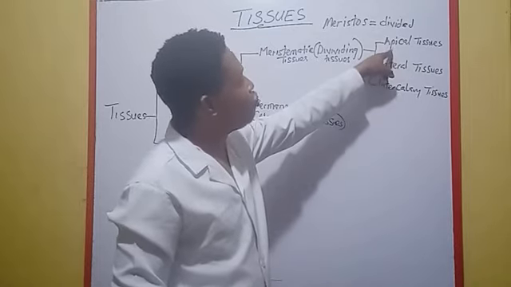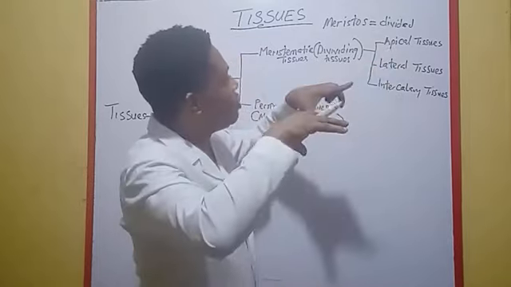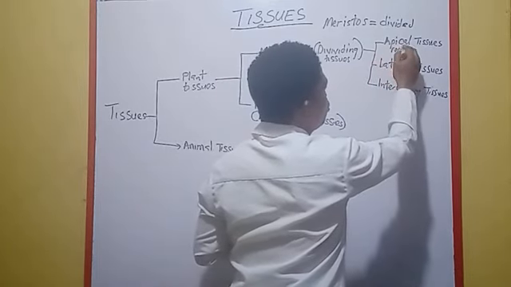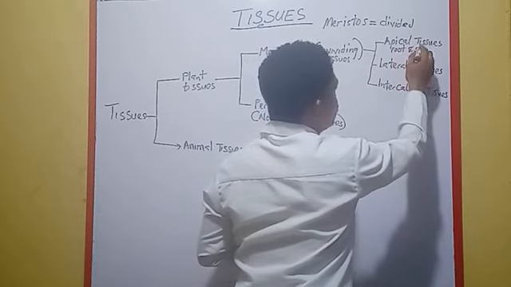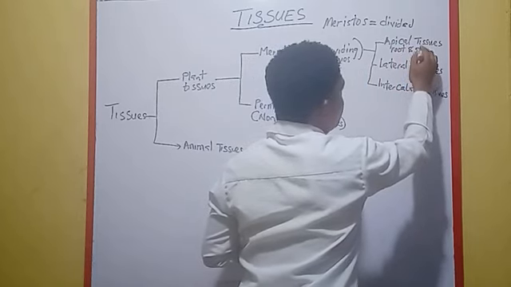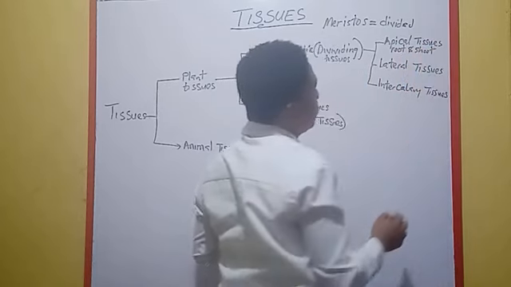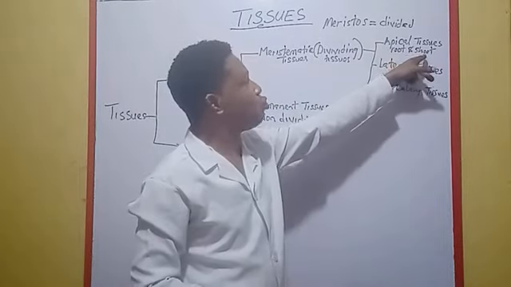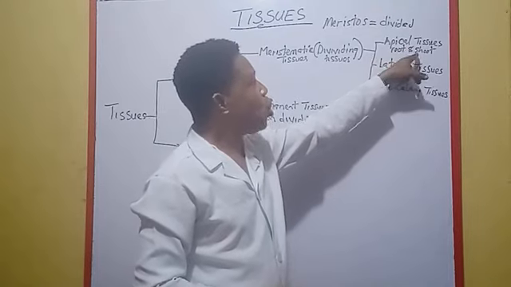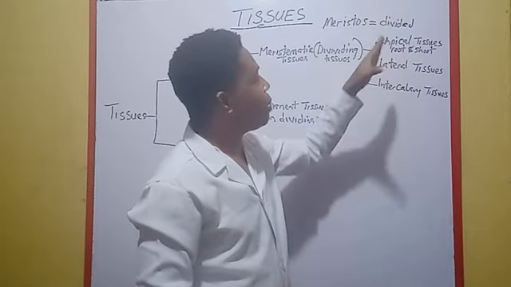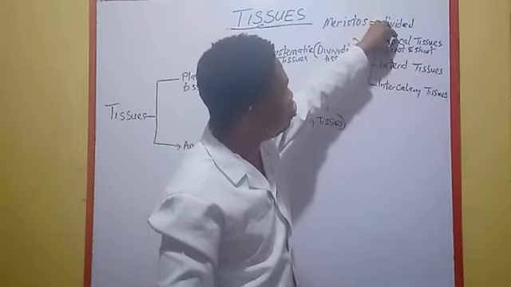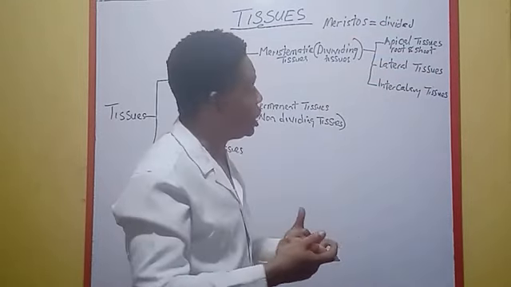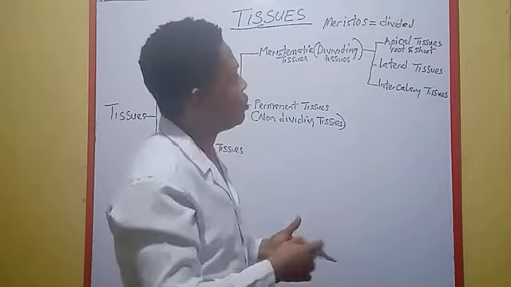Now, the apical tissue is the part of the plant like the roots and the shoots. That is where we find the apical tissues. This tissue is responsible for the elongation of the plant.